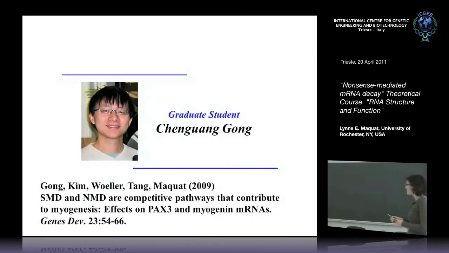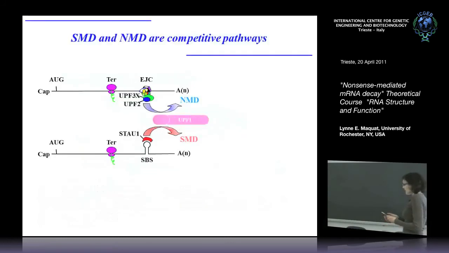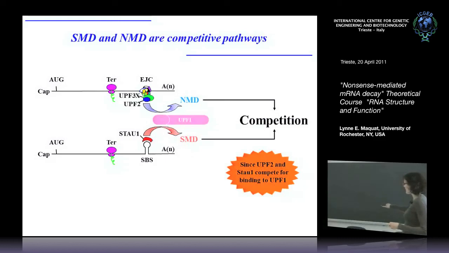So enter Gong, who is still a graduate student in the lab. And he showed that SMD and NMD are competitive pathways in a way that matters to myogenesis. Bottom line is, UPF1 is common to both NMD and SMD pathways. It can bind through its CH domain either UPF2 during NMD or Staufen1 during SMD, which makes the two pathways competitive.